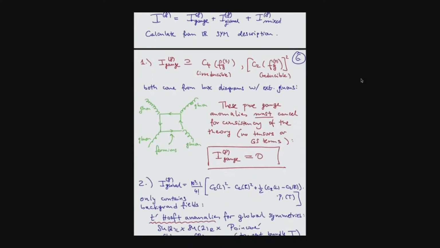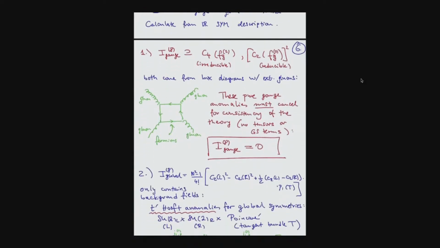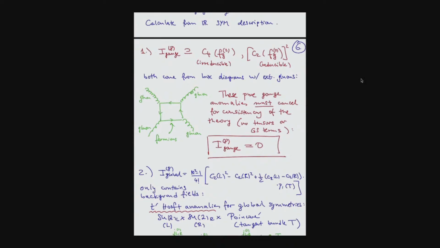Okay, so the contribution of I_gauge is by far the most famous and the most familiar. It can be calculated by evaluating a box diagram in 6 dimensions with 4 external gluons. So here I have 4 dynamical gluons on the external legs, which are the particles created by my dynamical gauge field f, the SU(N) gauge field.